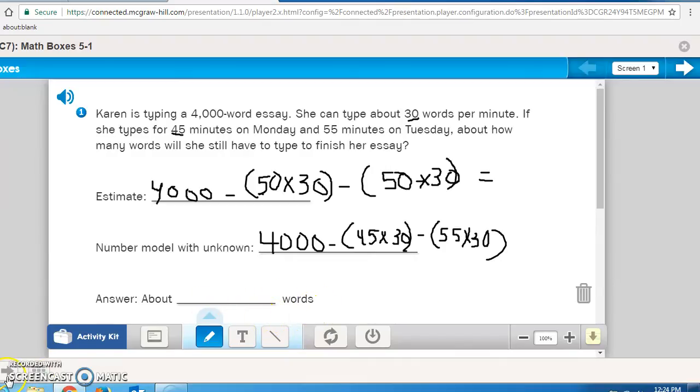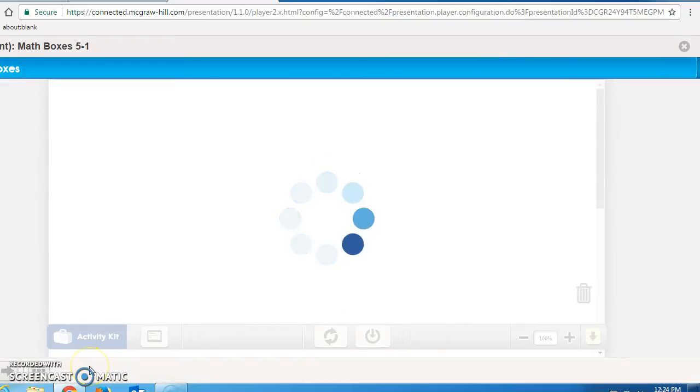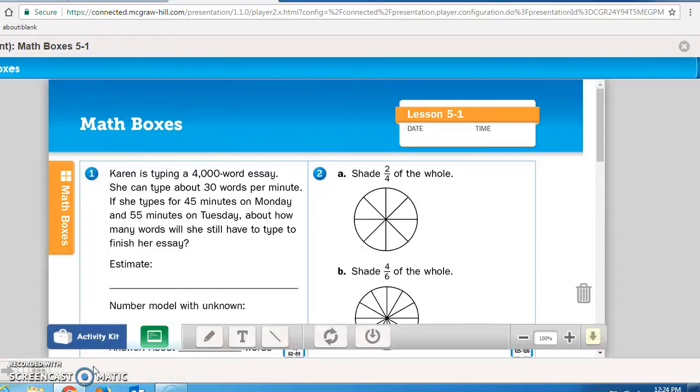Finish this problem and then go on and do the rest of page 156. Correct those from the answer key and then bring it up to me if you have any questions or had any problems. Pause the recording now and do page 156.